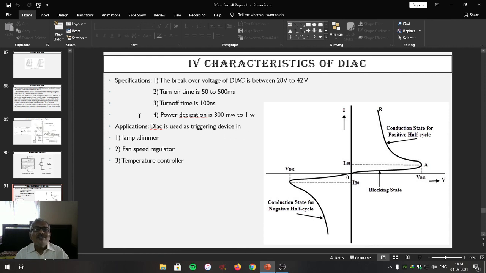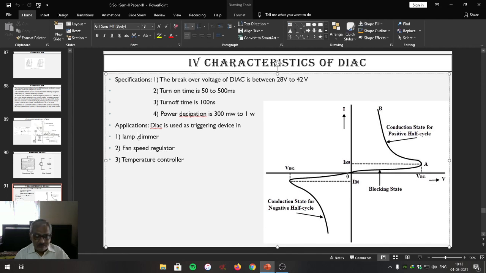Friends, now let us see the applications of diac. Diac is used as a triggering device, obviously, in a lamp dimmer. Lamp dimmer means to increase and decrease the intensity of lamp.